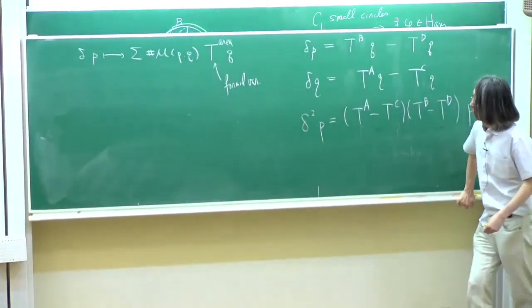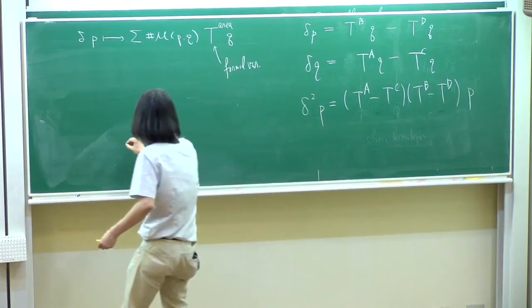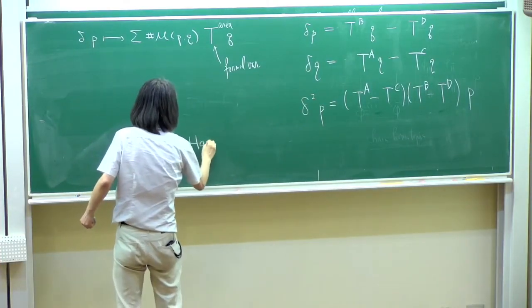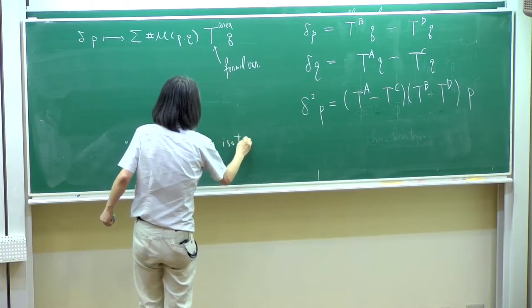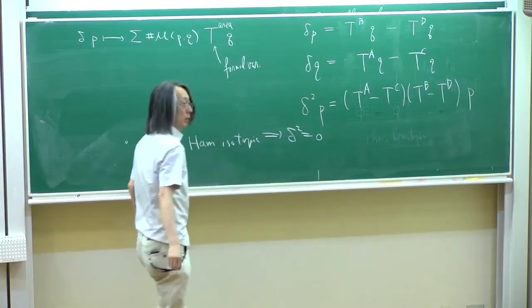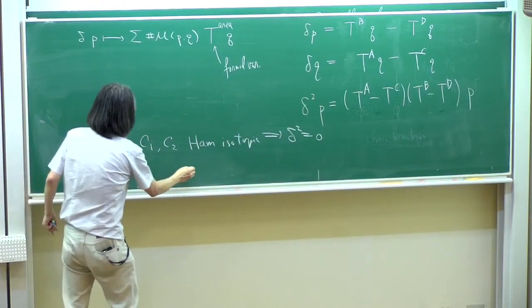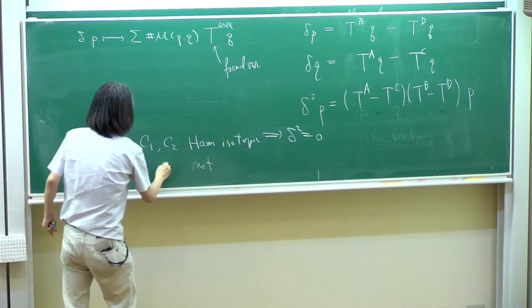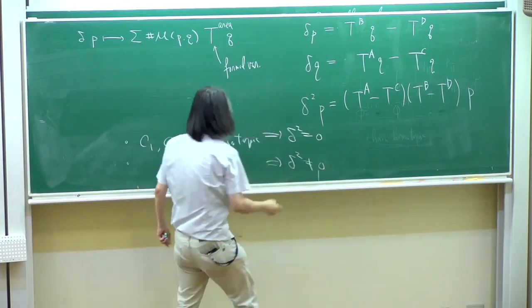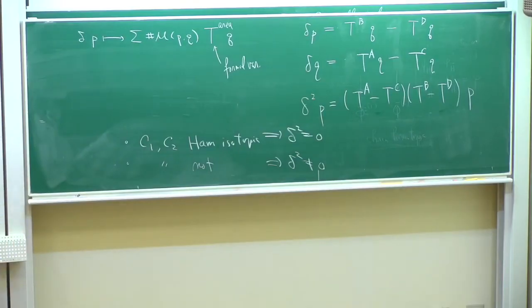So what we can see is the following. If C1, C2 are Hamiltonian isotopic, then this delta square is equal to 0. And if not, then this one is not 0. So in this case, we don't have a Floer theory, Floer cohomology.